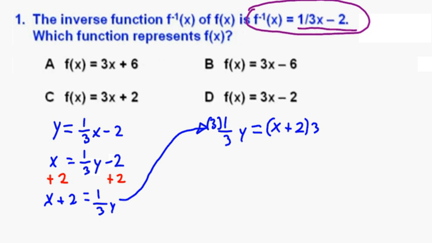So we have 3/3 cancel on the left side. And so what we have is y, as in 1y, equals 3x plus 6. And so that would be answer choice A.